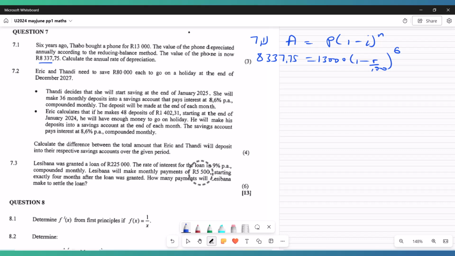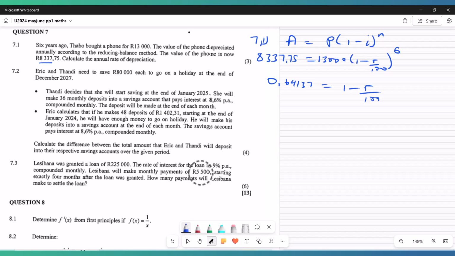It gives me 0.64137, which equals 1 minus rate out of 100.